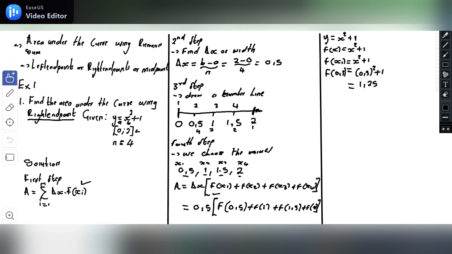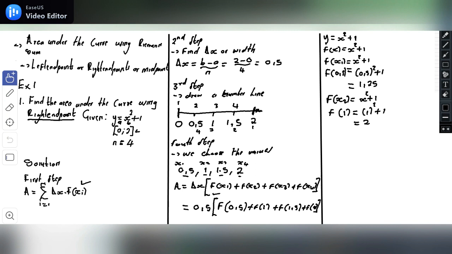This is how we find the first value for f of x1. Therefore, f of x2, we do the same thing. It's x squared plus 1, right? Therefore, what is x2? x2 is 1, so f of x2 equals 1 squared plus 1, which is going to give us 2.